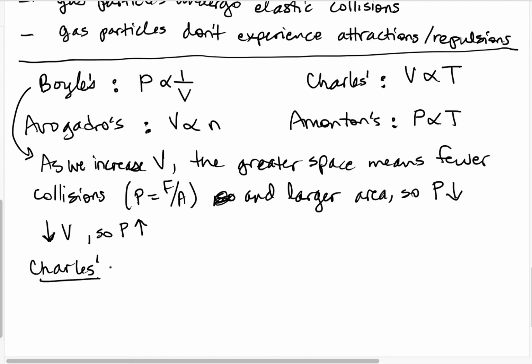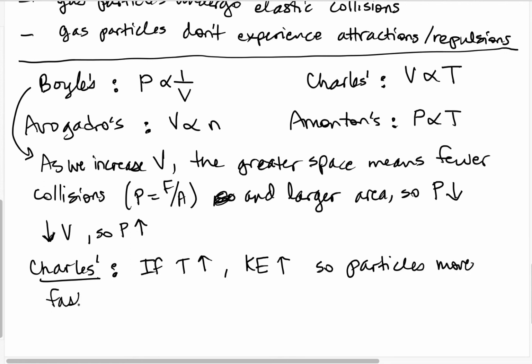Our Charles' law relates to our kinetic energy. If we increase the temperature, that means our kinetic energy increases. So the particles are moving faster. And in Charles' law, we have to keep the pressure the same.